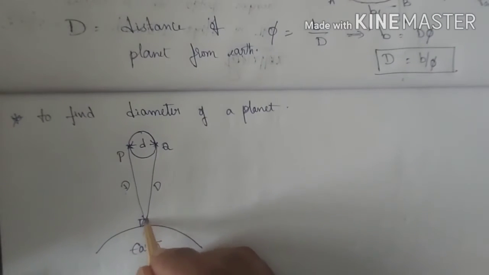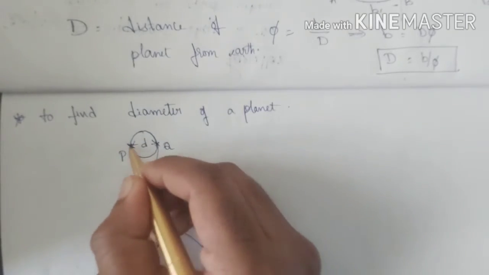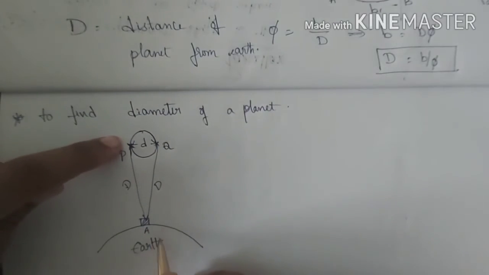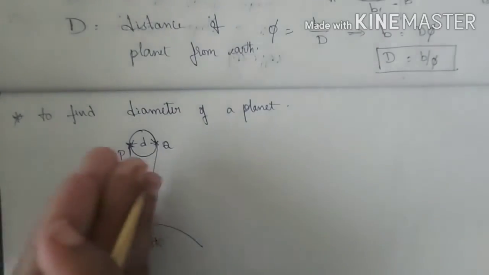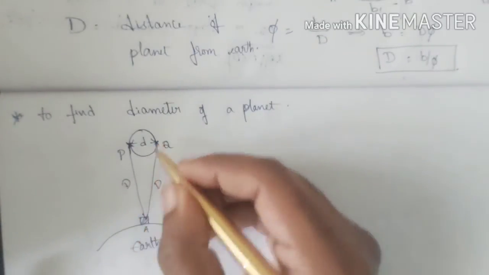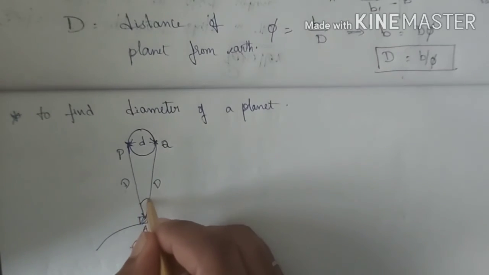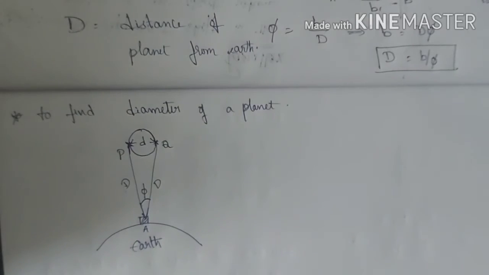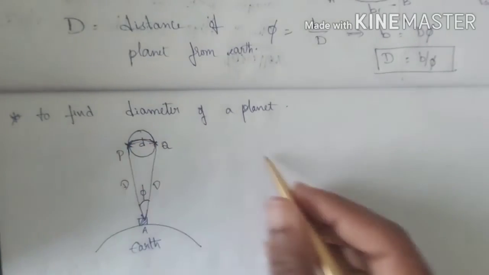Now how will you find this? From point A, I'm observing this point of the planet. So this is one point. Then I move my telescope so that I can observe this other point. While changing my telescope, I measure this angle as phi. This is your radius.